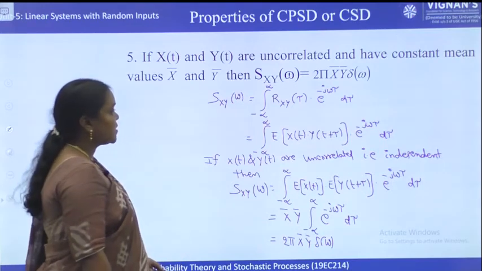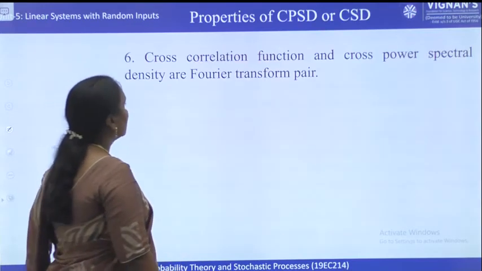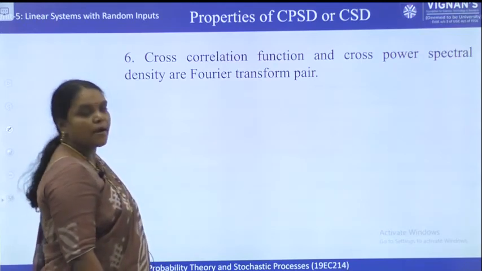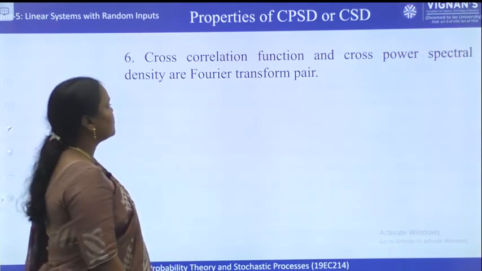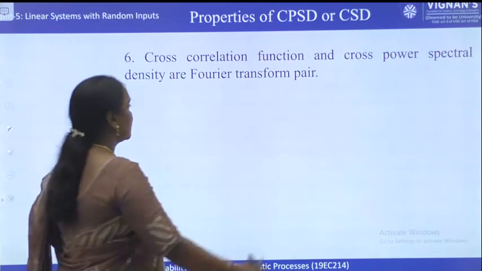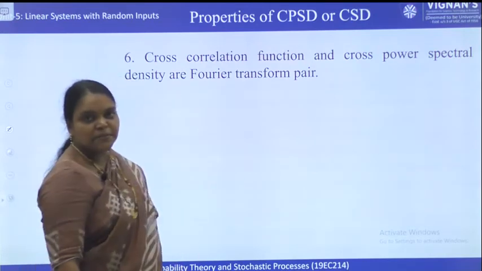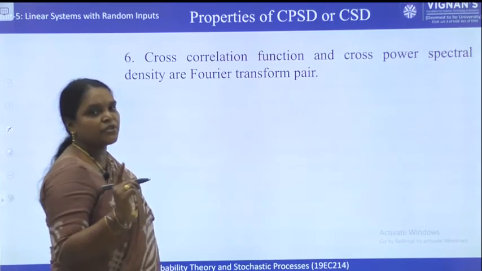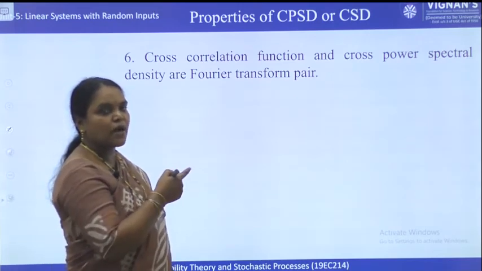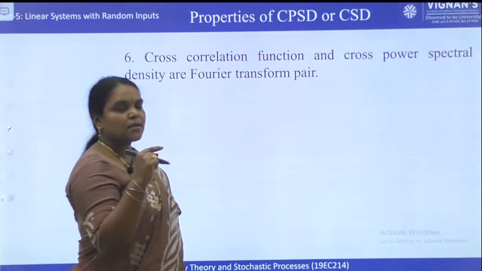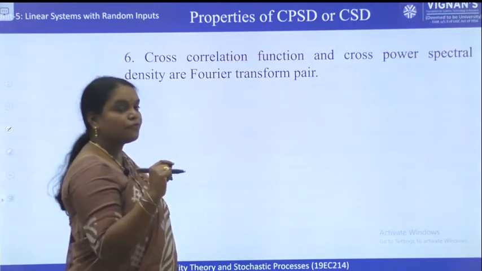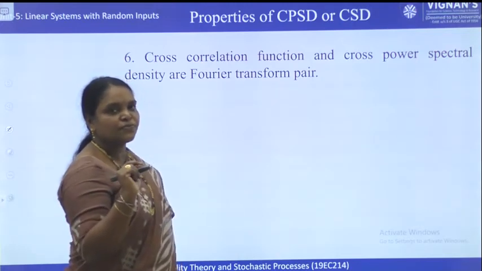Next, let us see the last property. Cross correlation function and cross power spectral density are a Fourier transform pair. Like power spectral density, cross power spectral density also has two definitions. One definition till now we have written: it is the Fourier transform of the cross correlation function.